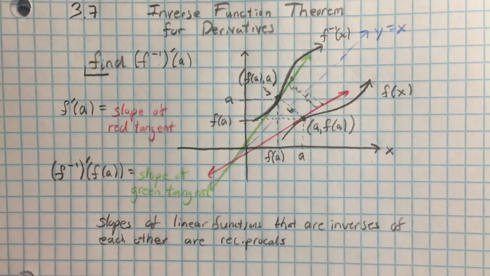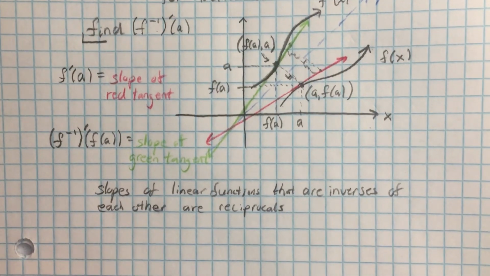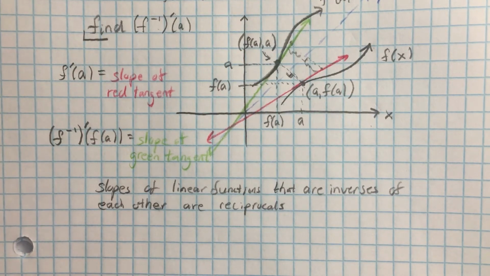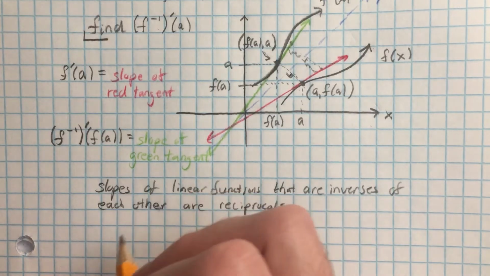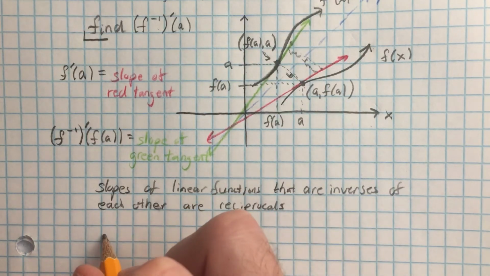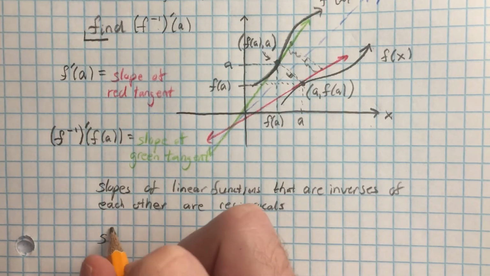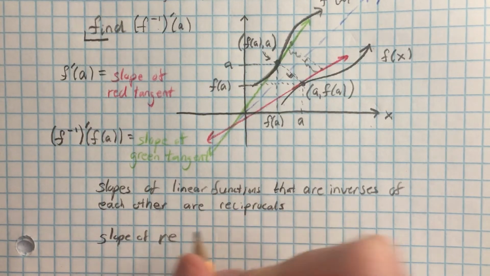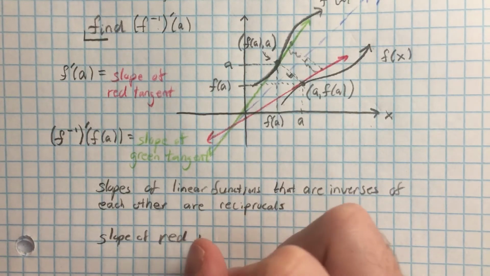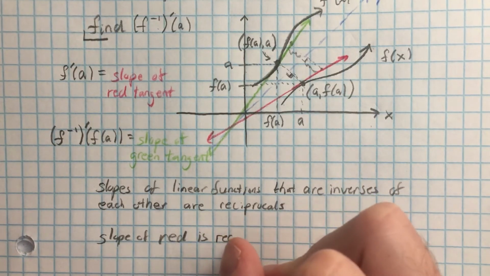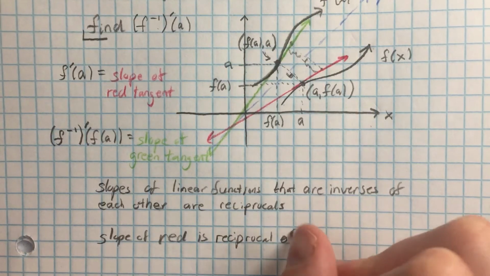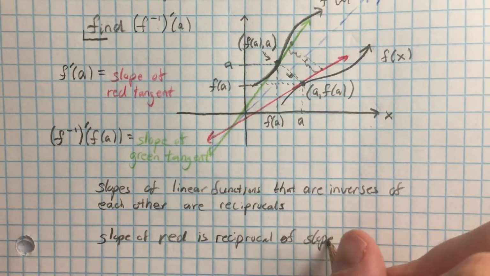Slopes are reciprocals. So that means the slope of the red tangent is the reciprocal of the slope of the green, and vice versa. So the slope of red must be the reciprocal of the slope of green.